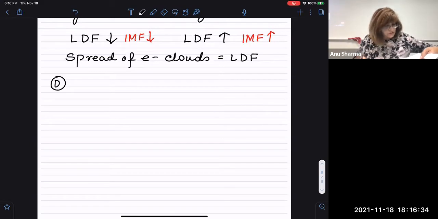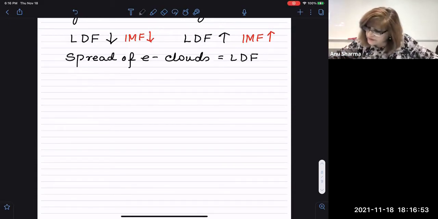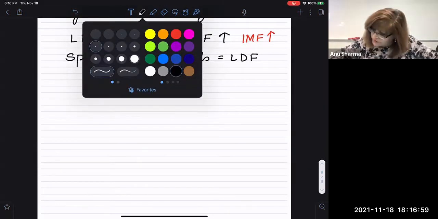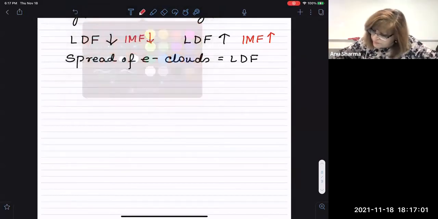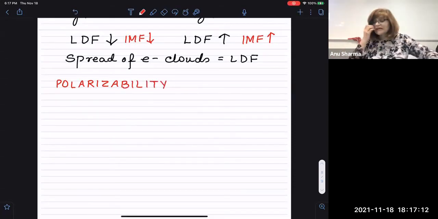Actually, I'm going to include something before we do the hydrogen bonding. Let's look at this other concept that relates to this, and that is polarizability. Now, what does that mean?